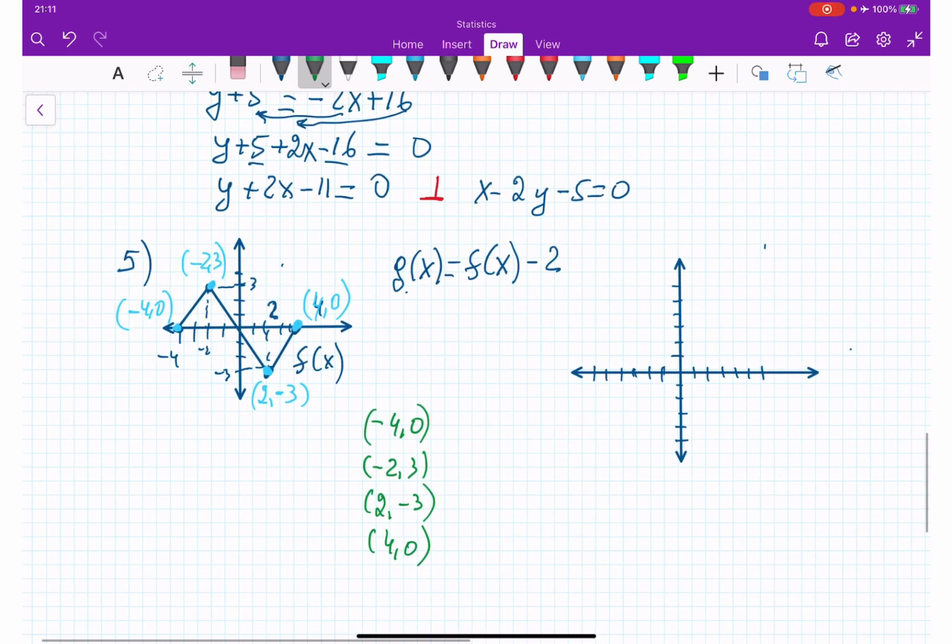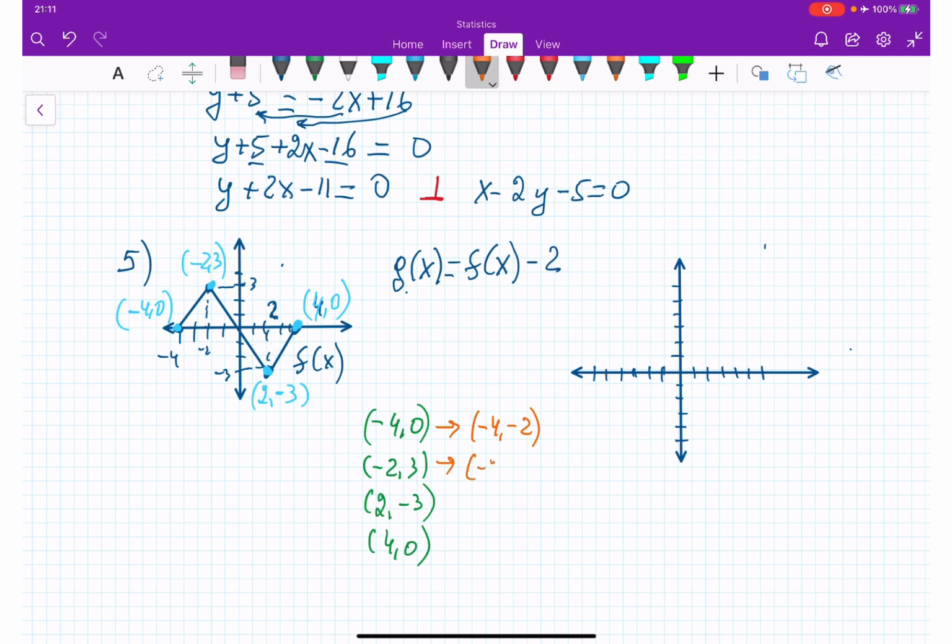All right, let's see what we're gonna get. Negative 4 and 0. My y here is 0, right? So my y, I'm going to do minus 2. So my new coordinate is gonna be negative 4, 0 minus 2, it's gonna be negative 2. Now, my second one, negative 2 and 3, my y is 3.